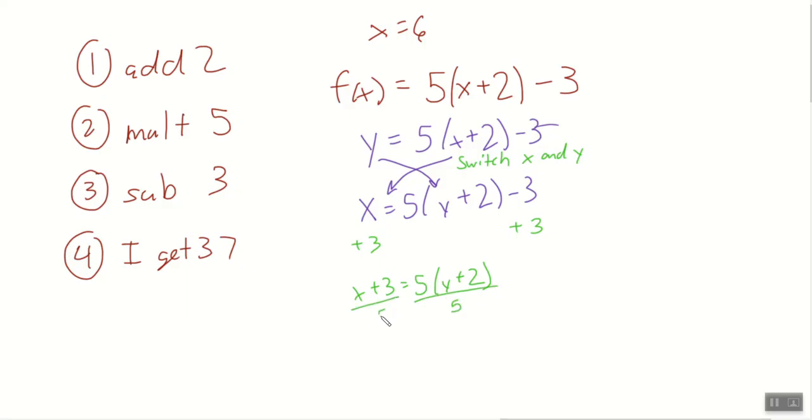What's left on this side? Y plus 2, because these cancel out. Jade, what do I have to do next? I want y all by itself. Yep, subtract 2. So I end up with y equals x plus 3 divided by 5, minus 2. I just flipped it so my y's on that side.